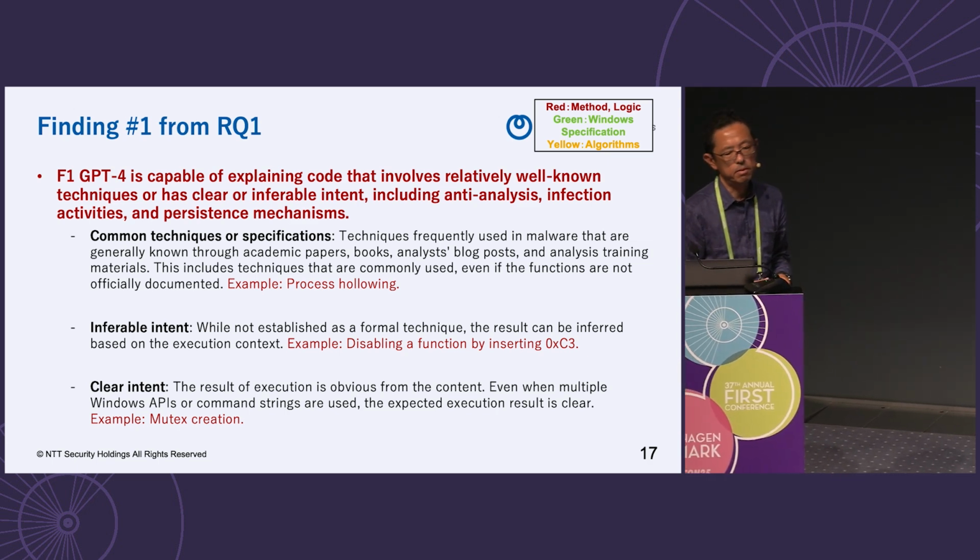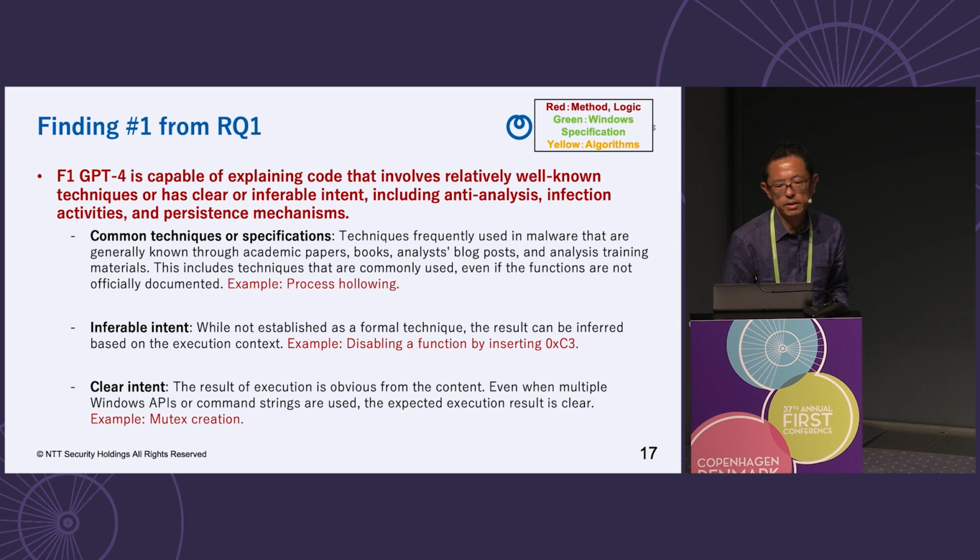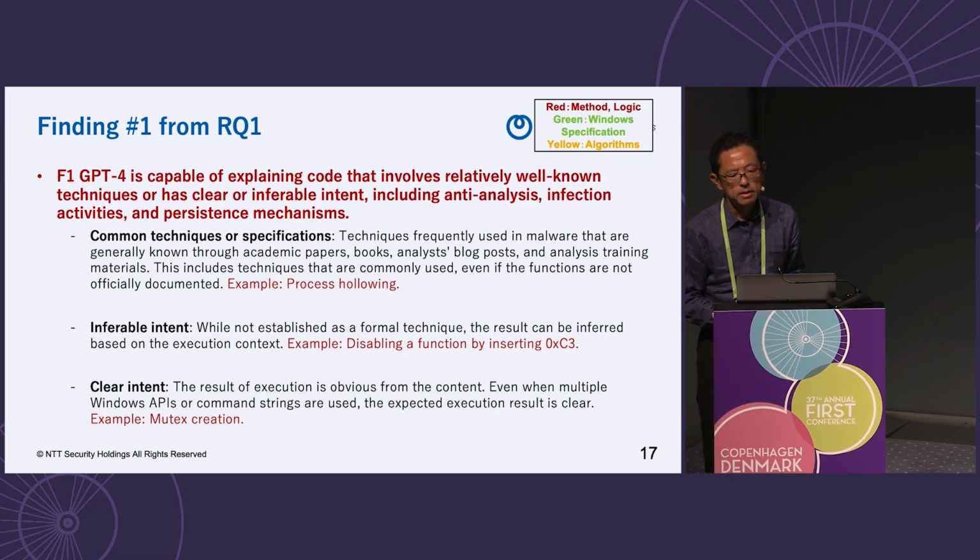There are 3 points. The first one is common techniques or specifications, which are widely known methods often seen in malware. Things like process hollowing are well documented in research and analysis blogs, even if not officially part of the Windows API.